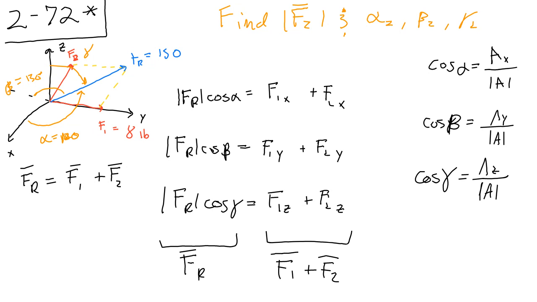We know all this information, except actually we don't know gamma. But we can easily solve for that by using the identity cosine squared alpha plus cosine squared beta plus cosine squared gamma equals 1.